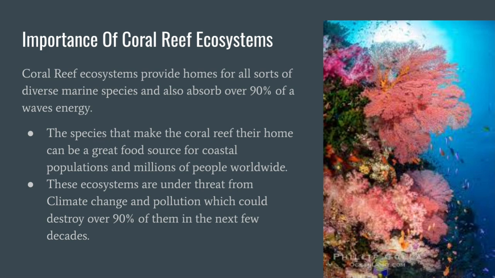The species that make the coral reef their home can be a great food source for coastal populations and millions of people worldwide. These ecosystems are under threat from climate change, pollution, all sorts of stuff, which could destroy over 90% by, I believe, 2050.